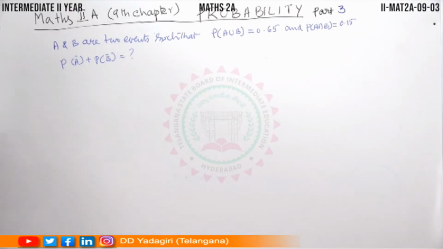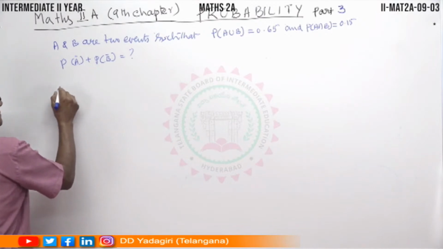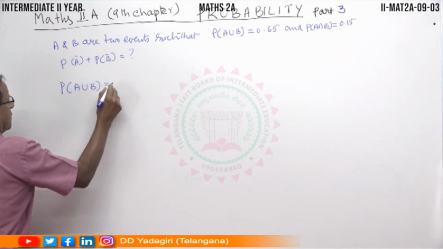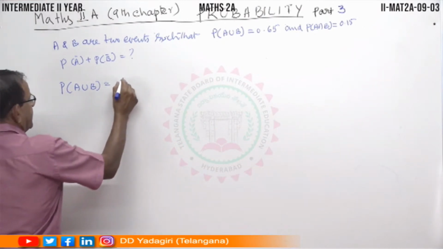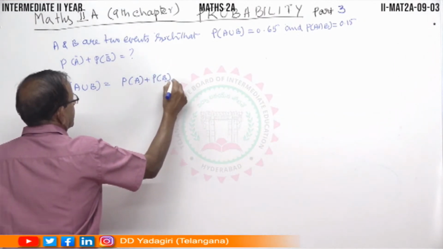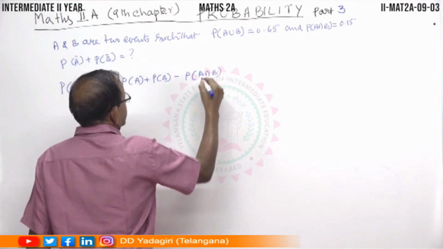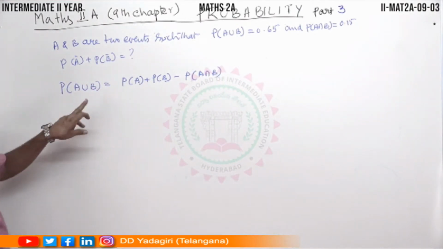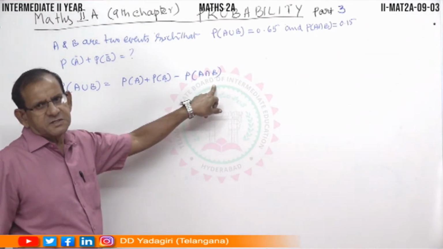Now, to get this value, first of all, let us find out P of A union B. What's the formula for P of A union B? That is P of A plus P of B minus P of A intersection B. Now, what are the given things for us? P of A union B is given. P of A intersection B is also given.